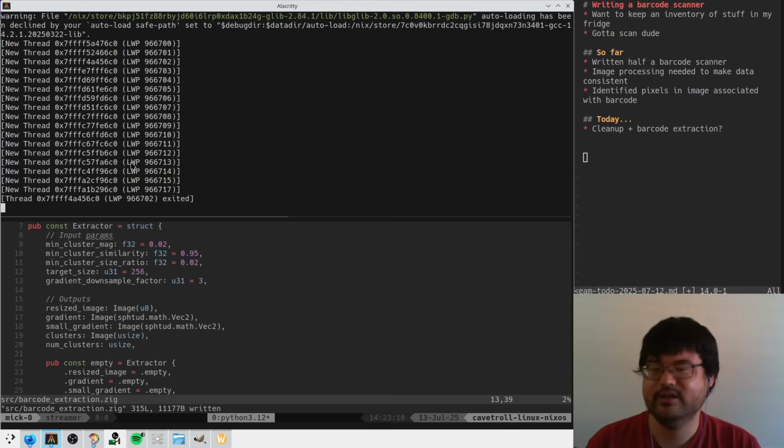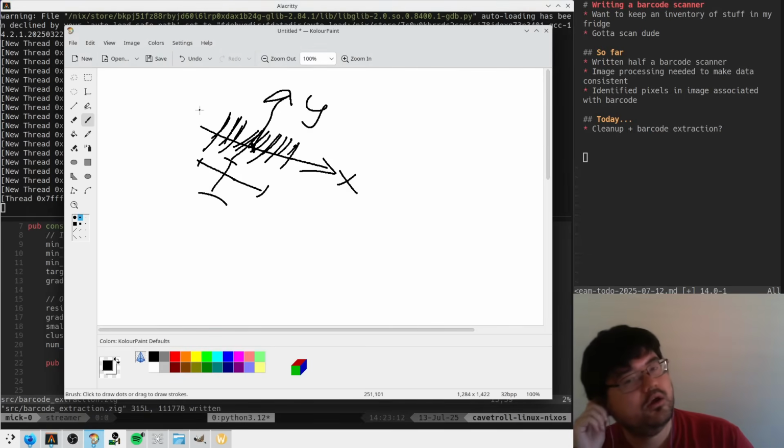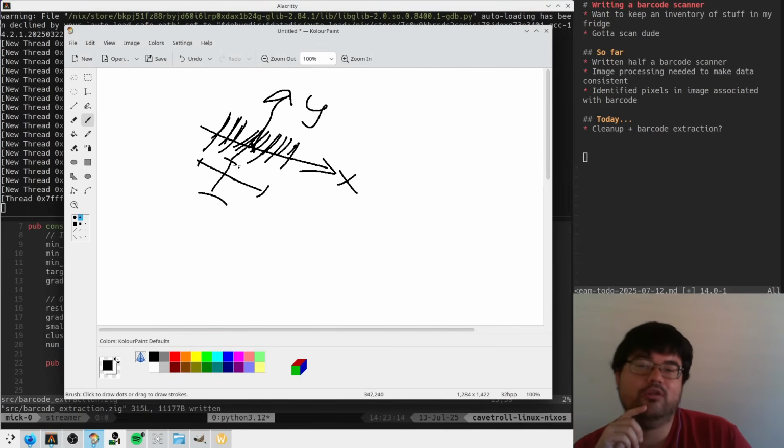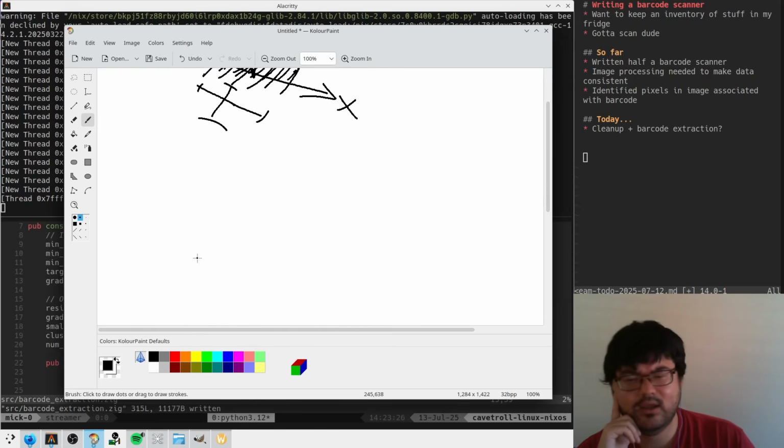I guess we take all of the points and convert them into their locations. We take all the points and average them, probably.